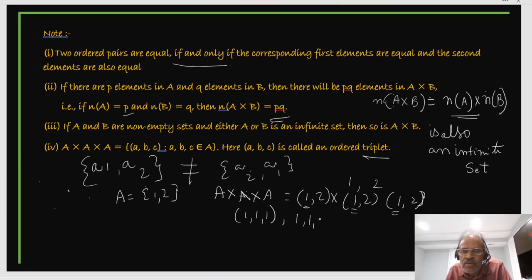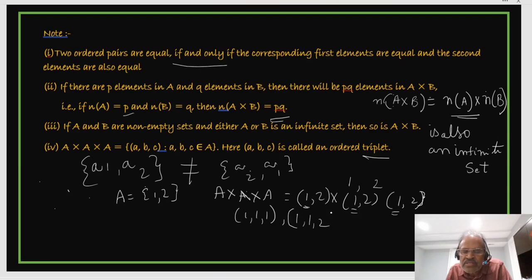Next is (1, 2, 1). Similarly, we will take 2, then (2, 1, 2)... Next what? (2, 2, 2). This is how you'll keep on taking the elements.